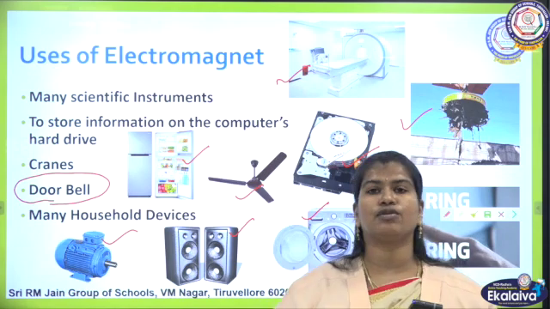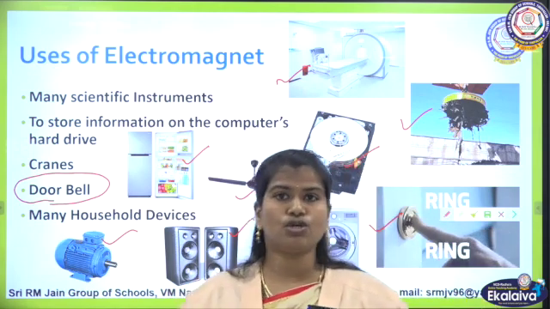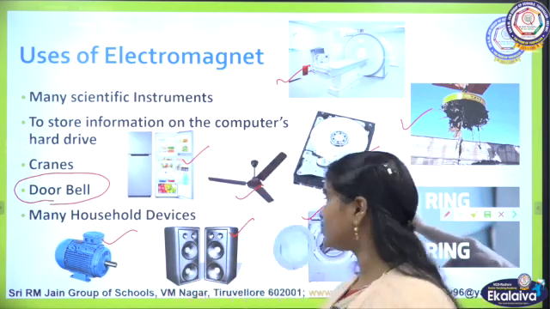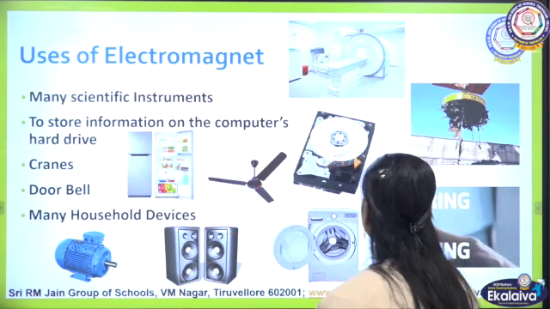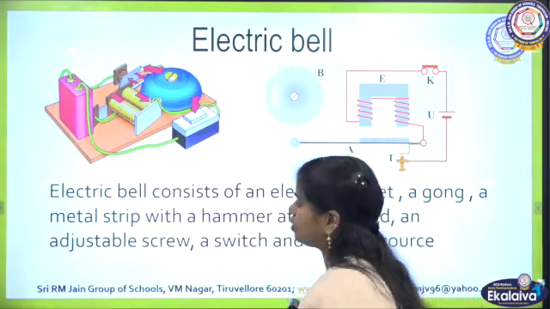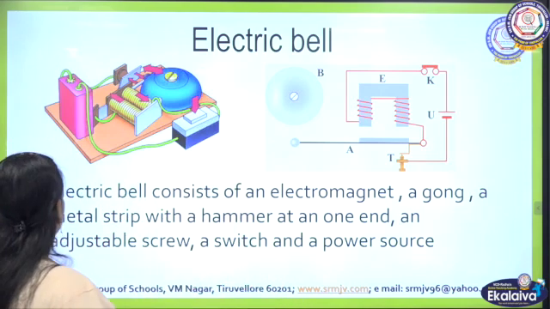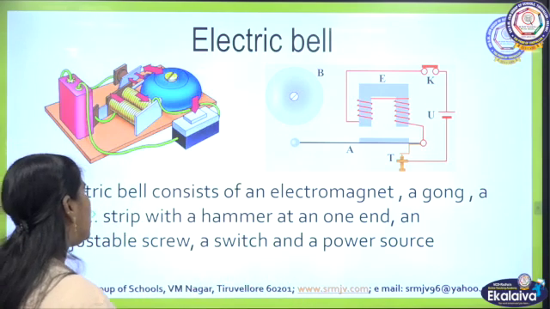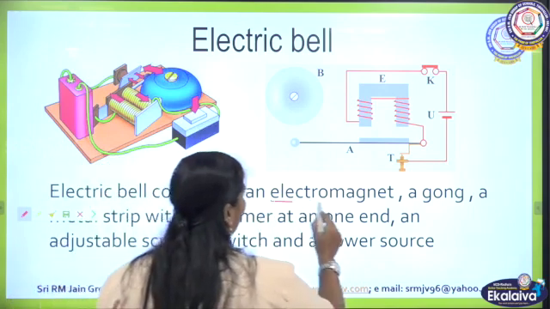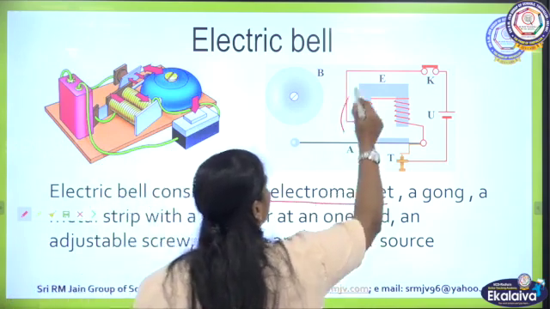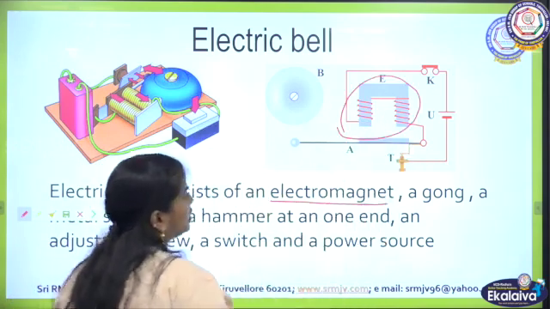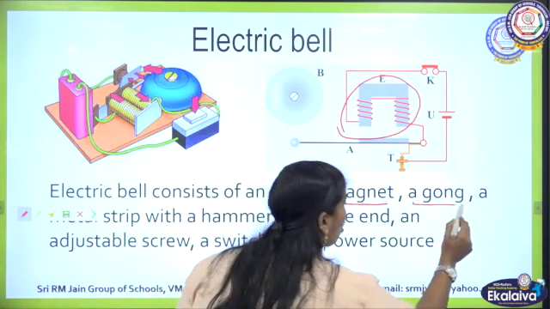How does the electromagnet play a major role in the doorbell? First we will talk about the parts of the doorbell. The doorbell consists of an electromagnet. Here is the electromagnet, and it has a gong.